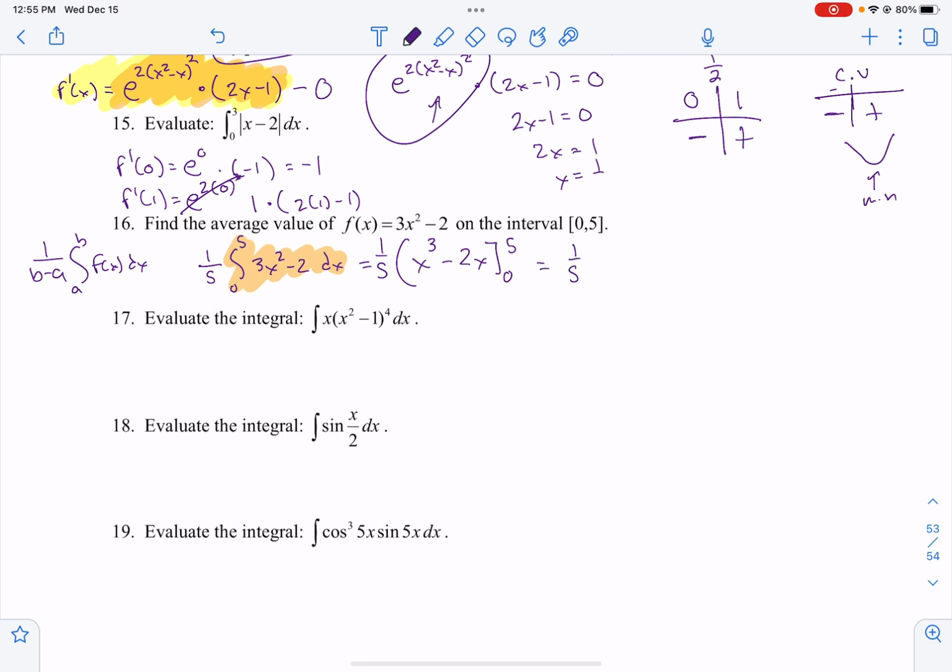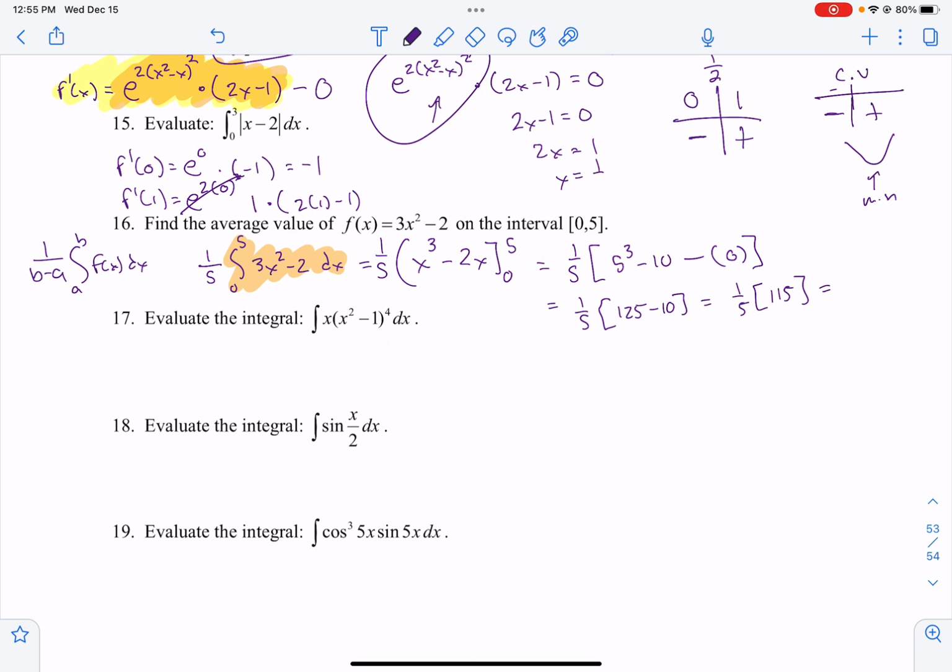So let's plug in the 5: 5 cubed minus 2 times 5 is 10. Then I have to subtract when I plug in a 0. Well, 0 cubed is 0 minus 2 times 0, which just gives me 0. That's nice. So 1/5 multiplied by 5 cubed is 125 minus 10. So I get 1/5 of 115.